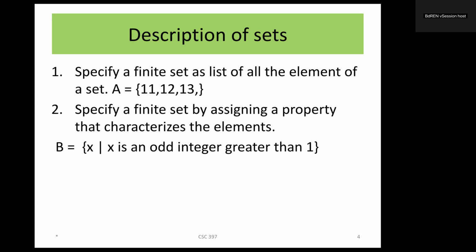Now let's try to understand the description of sets. Let's say we specify a finite set as a list of all elements of a set. This is one possible way, because here we are specifying the elements of the set.